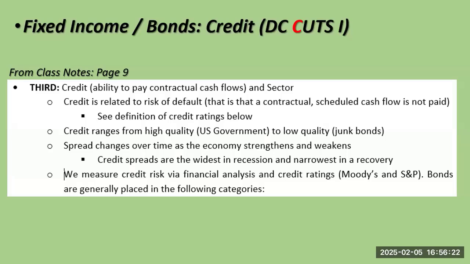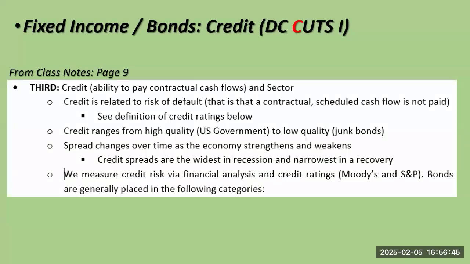So high quality is AAA, AA, and single A. Medium quality is triple B, and then low quality is everything below triple B. So double B, single B, triple C, double C, single C, and then D. And just think of D as meaning they're in default. Single C means they're about to be in default. They're on the verge of it. So double B is not too bad.